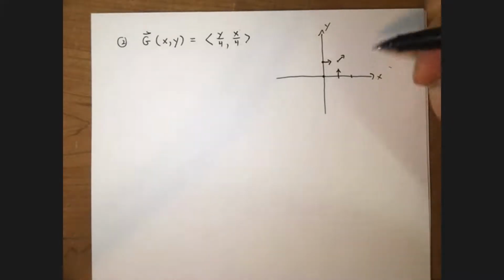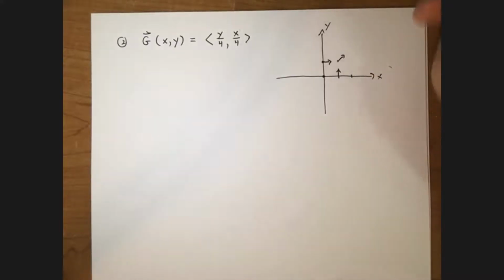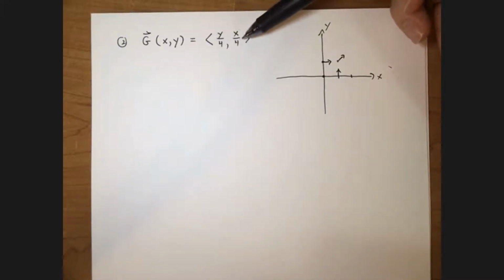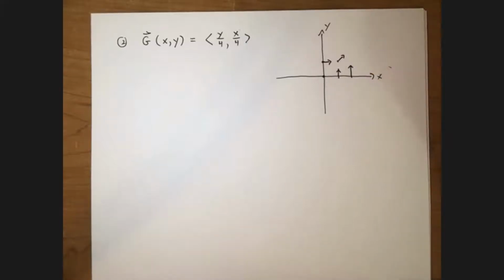If I go to the point 2, 0, now x is 2, y is 0. Y is 0, so I get 0/4, and x is 2, so this becomes 1/2. So I have 0, 1/2. Now it's a little bit bigger vector pointing in this direction.